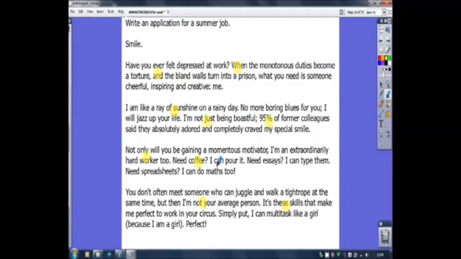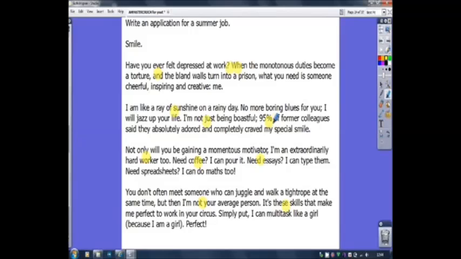There I am just plopping these things down as though that's a random technique. So here we go. Okay, I just missed it there, but that's a rhetorical question. When the monotonous duties become a torture, well, that's suddenly a metaphor, isn't it? And the bland walls turn into a prison, another metaphor. I am like a ray of sunshine, a simile.